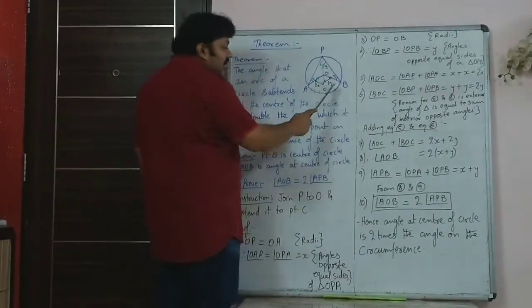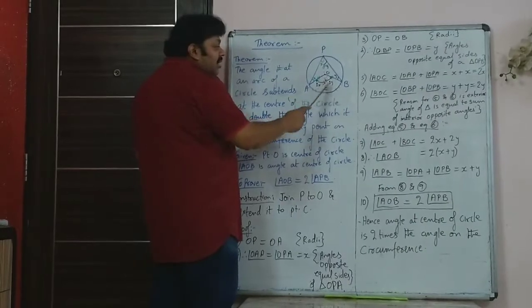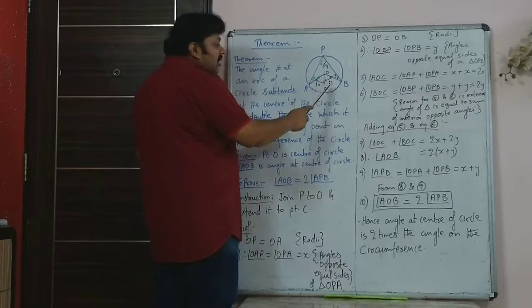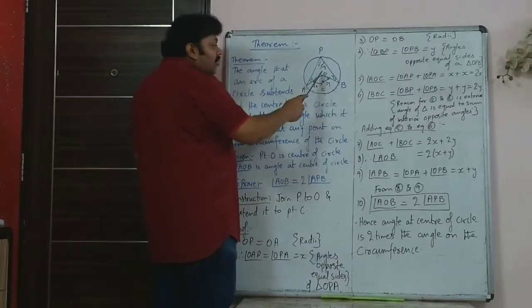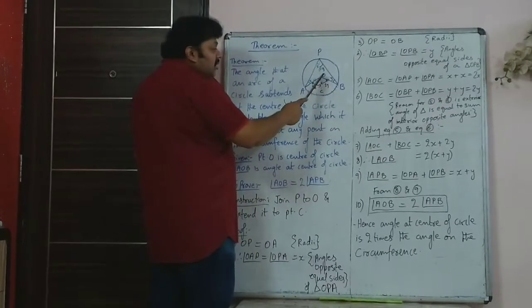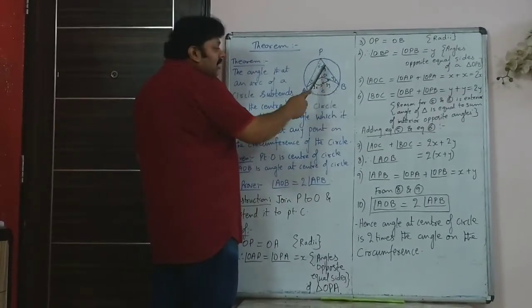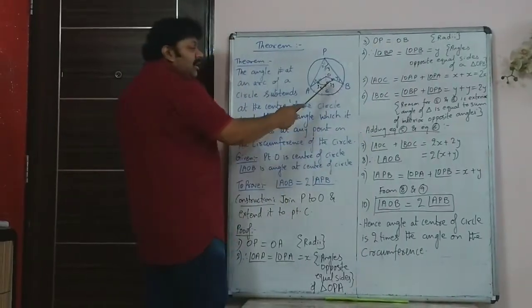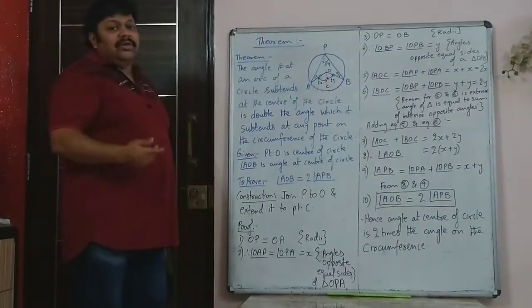And same way, BOC is exterior angle of triangle OBP. So therefore, BOC is OBP plus OPB. That is y plus y or 2y. Again same thing, exterior angle property.